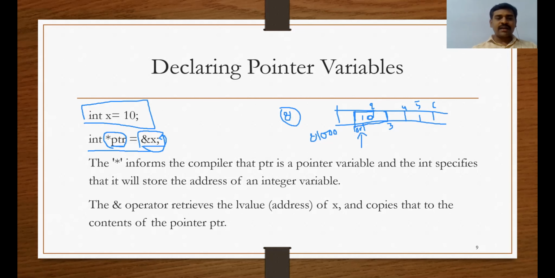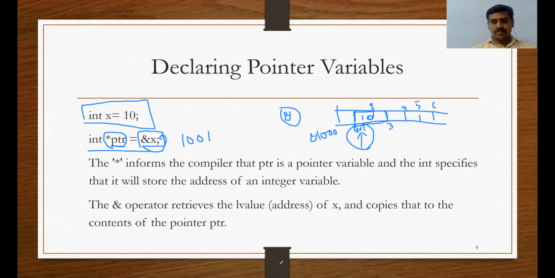This address of operator brings the starting address of the variable. Therefore, what value is stored in the pointer variable? The address, that is 1001. So I am going to share a new screen.